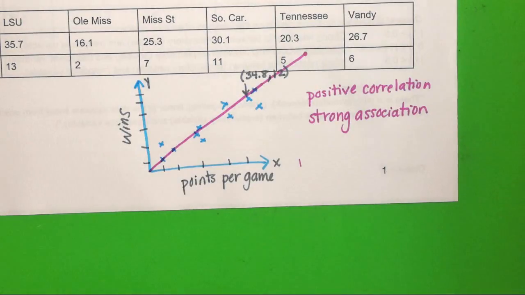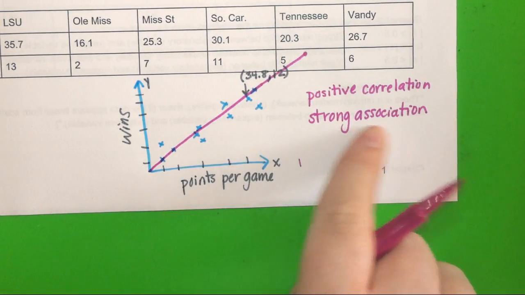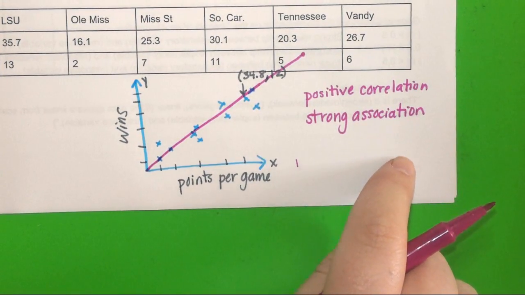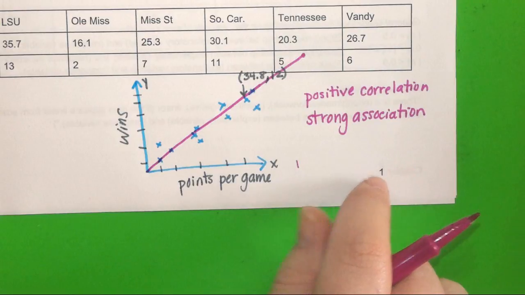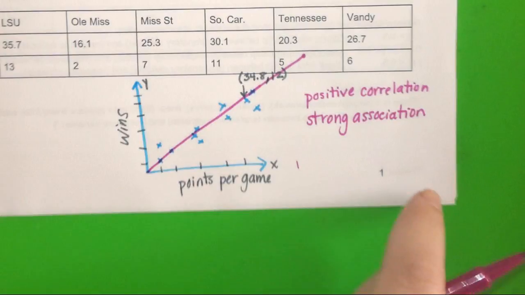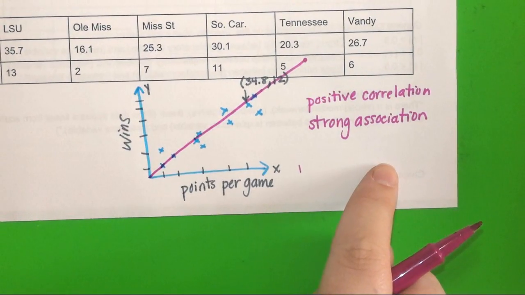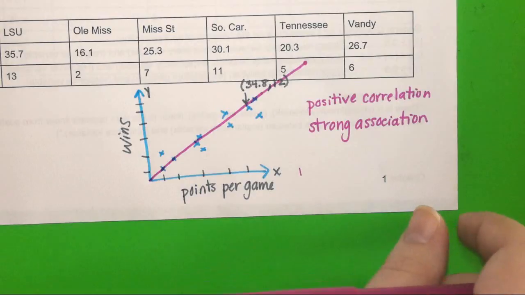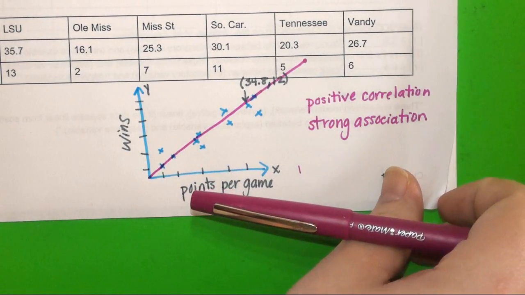Do not use causation. But you can say that there's a strong connection, strong association is how we put that. Or positive correlation. There's something positive going between them. It does seem like the more points I earn per game, the more wins I have for my season. However, if you put that word causation or cause, again, you don't have the numbers to back it up, so don't put that word.